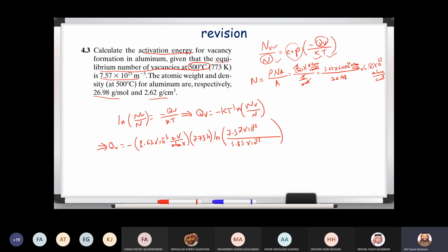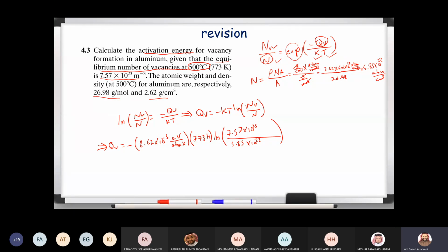Look at the NV over N. Does it make sense? Is it possible to have the number of vacancies greater than the number of potential sites? So we have more vacancies than we have atoms, basically. Is it possible? No. So what is the mistake that we have made here?